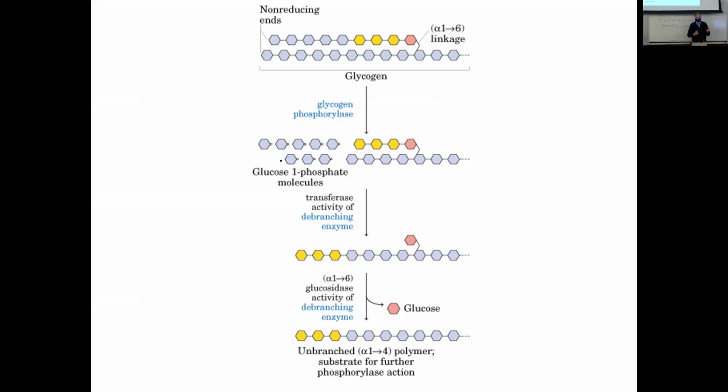So rather than having everything stall at that point, the body has another enzyme called the debranching enzyme. Its activity is going to come in and move 3 out of the remaining 4 glucose molecules on the branch, and move them to the main chain.